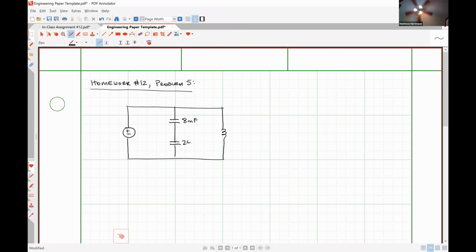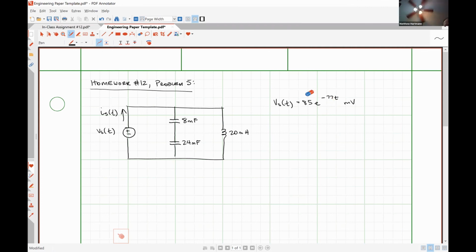This is a 24 millifarad. This is a 20 millihenry. This is Vs as a function of time. This current is Is as a function of time. And you are told that if Vs of t is equal to something, which I'm just going to put in my numbers here, 85e to the minus 77t millivolts.